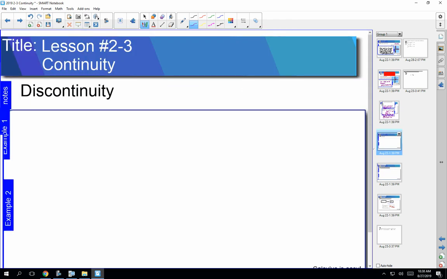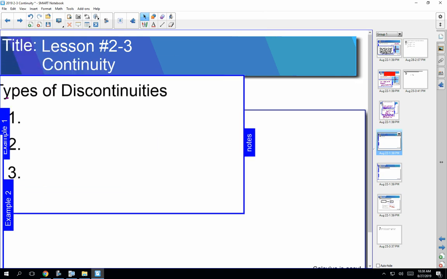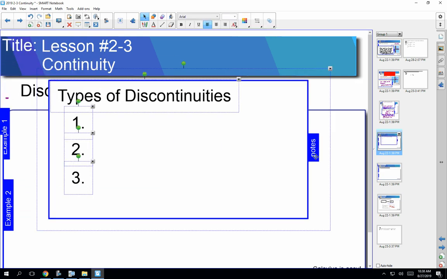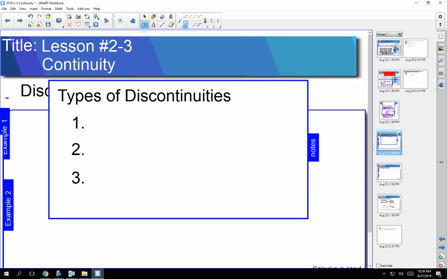All right. So some different discontinuities here. We have 3 types. Do you remember what they were, if you haven't written these down already? The first one was vertical asymptote. Second one was jump.